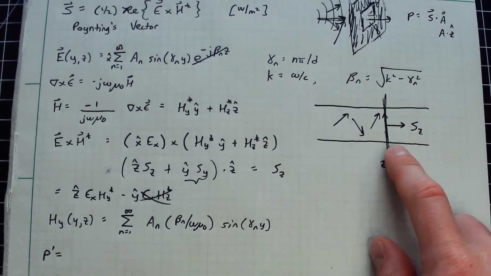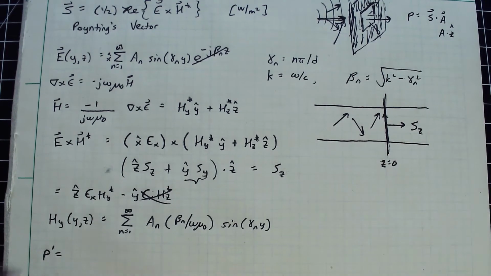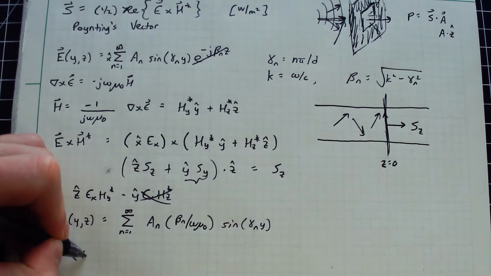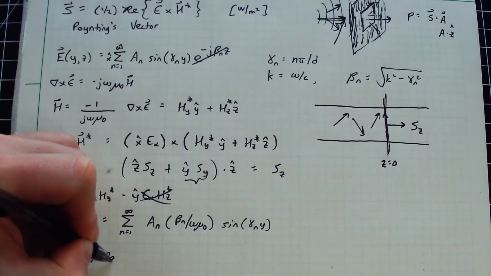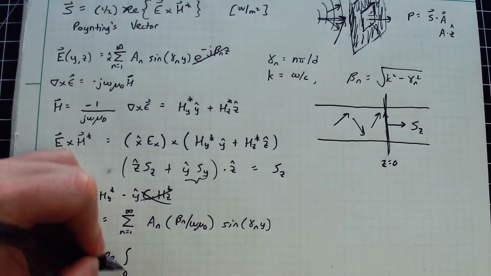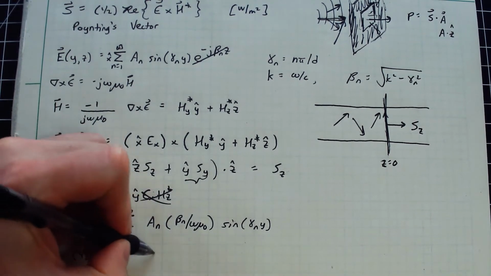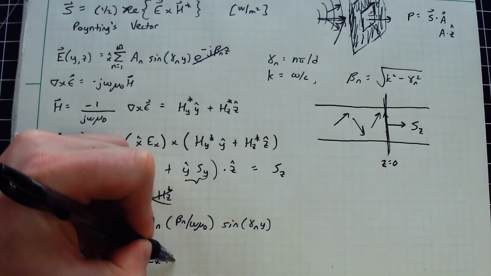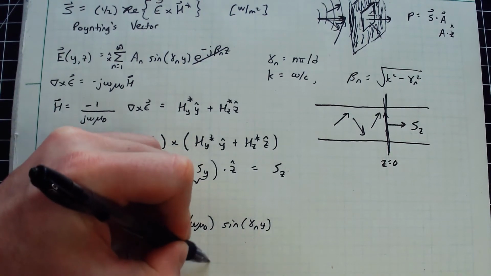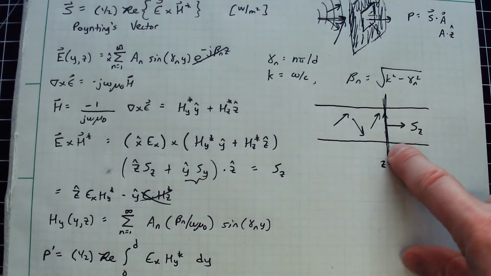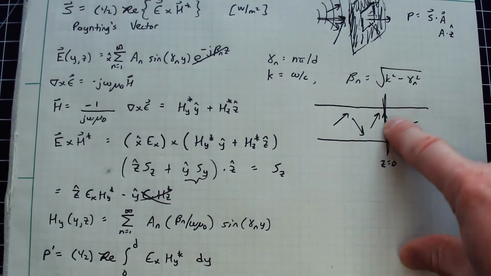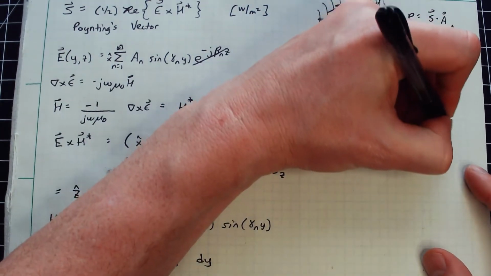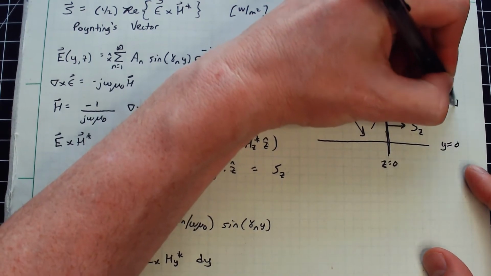So this will have units of watts per meter. And it's just going to be 1/2 times the real part, and we're going to do an integral from 0 to d of E_x H_y conjugate dy. So you notice I am just integrating that vector from 0 to d, right? So y equals 0 and y equals d.